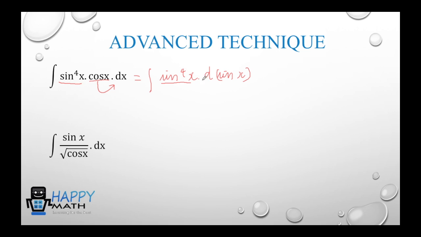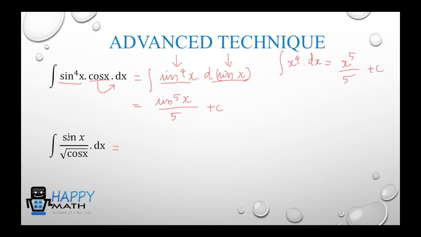The main function here is sine power 4 x, and the function here is d of sine. So it is like x power 4 times dx, and this is the power rule. So the result is x power 5 divided by 5 plus c. And with the same formula, this will become sine power 5 x divided by 5 plus c, because the main function of this position equals the main function of this position.